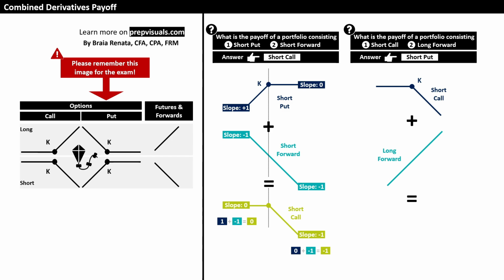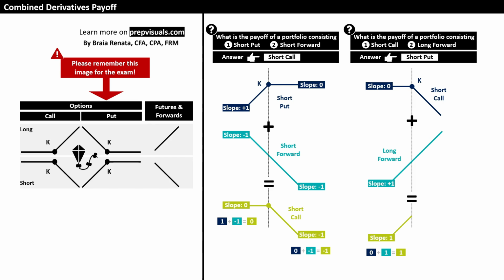In order to do that, we again draw a vertical line at the strike price and then evaluate the slope on each side. On the left side, the slope of the short call is 0, while the slope of the long forward is +1. Now, since 0 plus 1 equals 1, the slope of the combined portfolio on the left side will be 1.